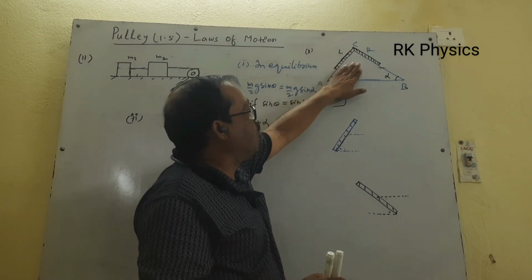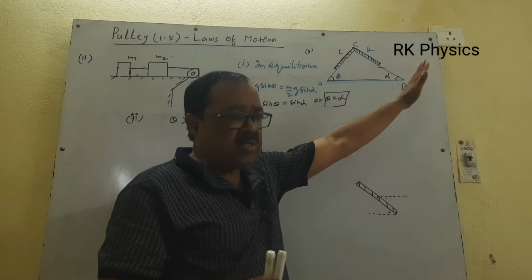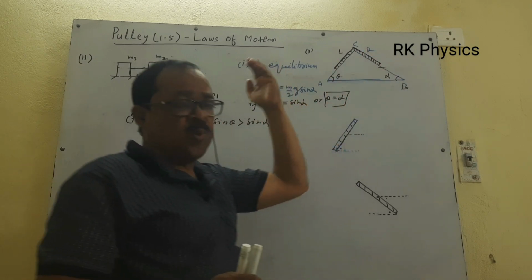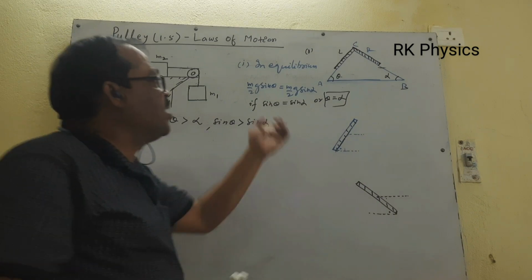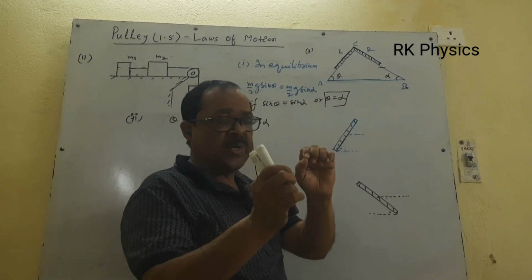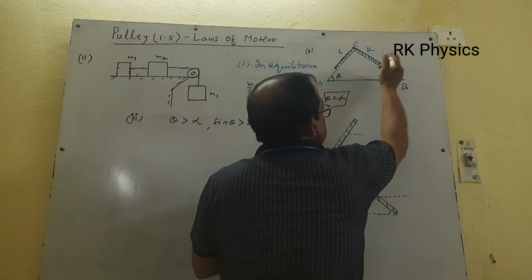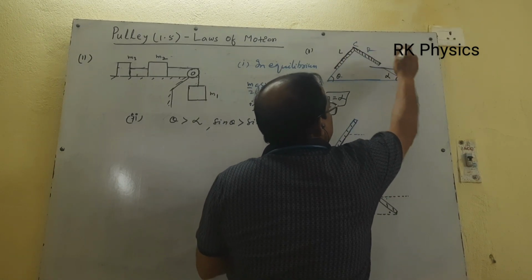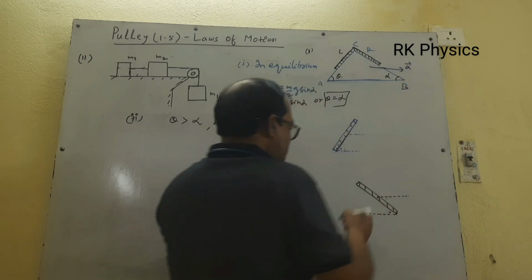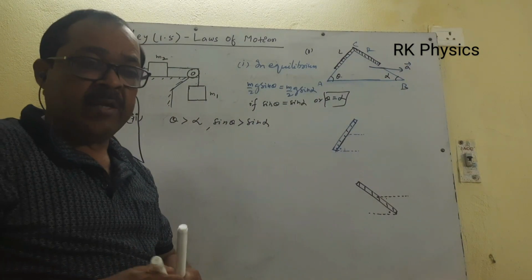Therefore this portion pushes the block towards the right and this portion pushes the block towards the left. Since the mass of this portion is comparatively small, the resultant acceleration of the two sections is supposed to be towards the right with a.